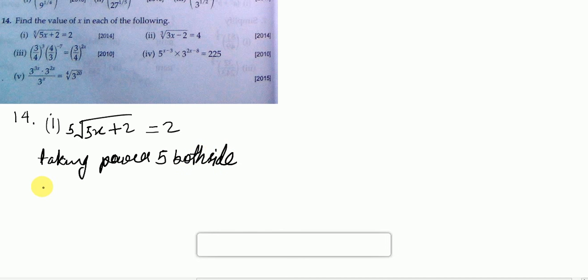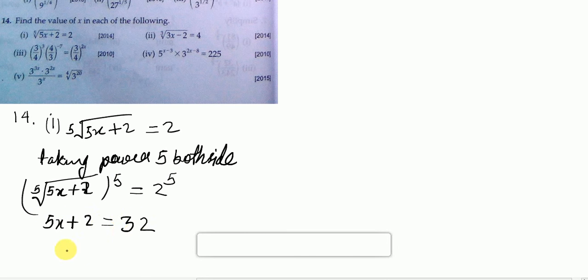So 5x plus 2, 5th root and 5, 2 raised to the power 5. 5x plus 2 is equal to 32. 5x is equal to 32 minus 2. 5x is equal to 30 and x is equal to 30 by 5.